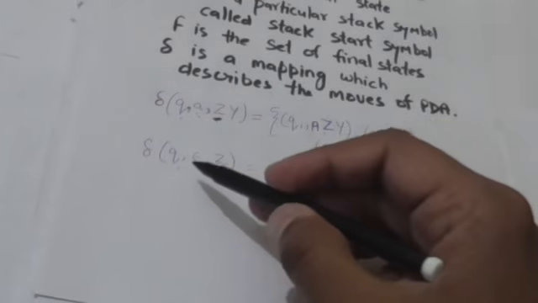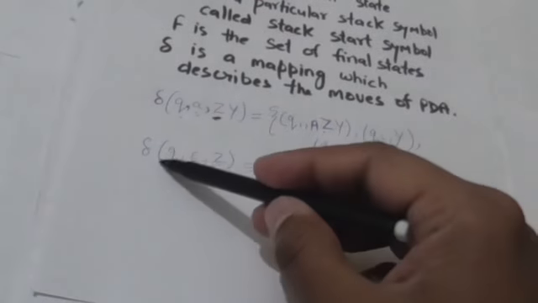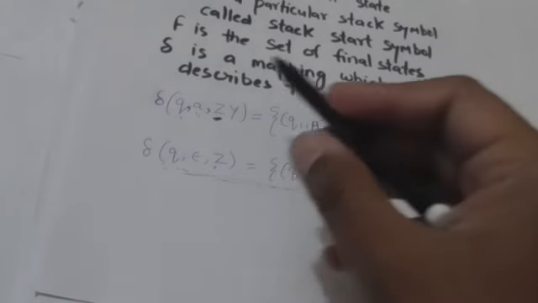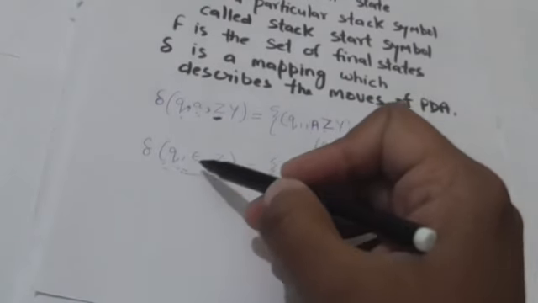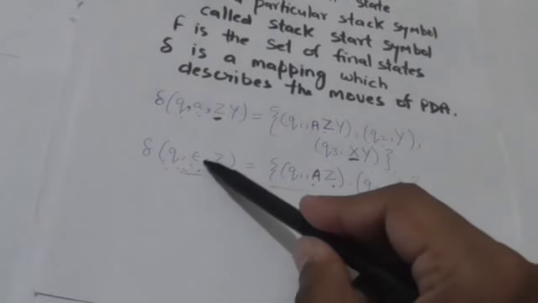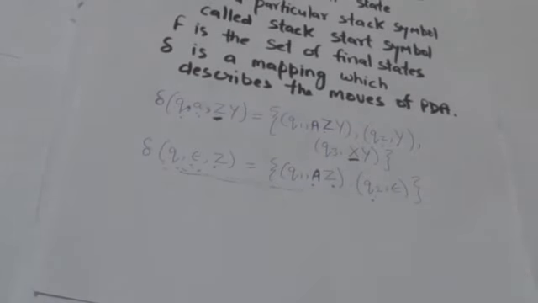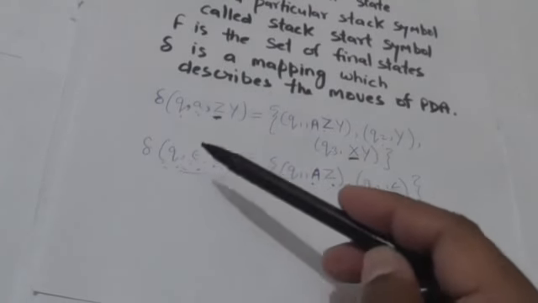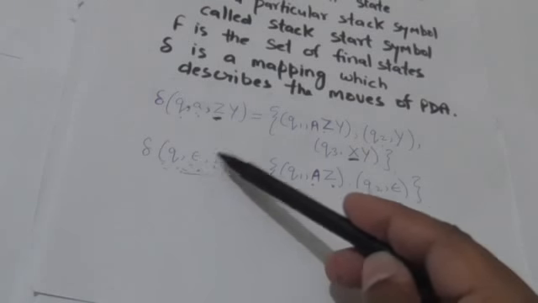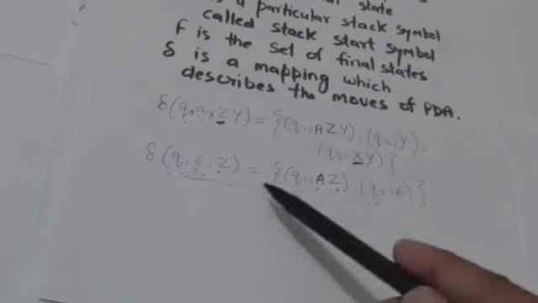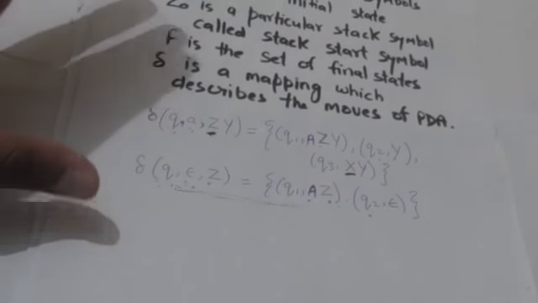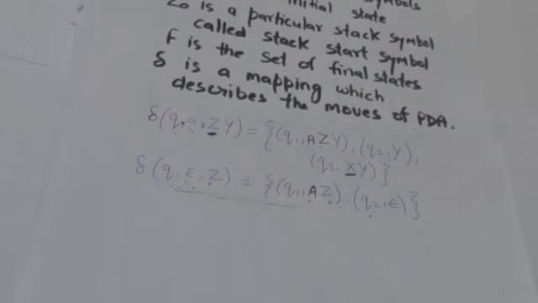Now see, in this move, pushdown automata is not going to read any input symbol. So this is an empty move, right? So when the machine is in state Q and it doesn't read any input symbol and the top of the stack is Z, then it has two options, right? So in this way, this delta function describes the moves of pushdown automata, right?